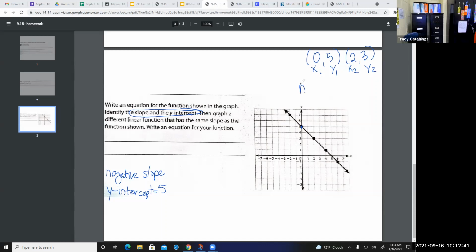So then y2 minus y1 divided by x2 minus x1. 3 minus 5 over 2 minus 0, which is 2. So the slope will be negative 1. 2 over 2 is 1, and since it was negative, negative. All right, so we got our slope, we got our y-intercept. What's the equation?